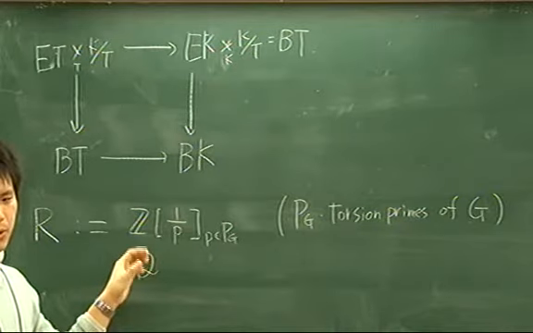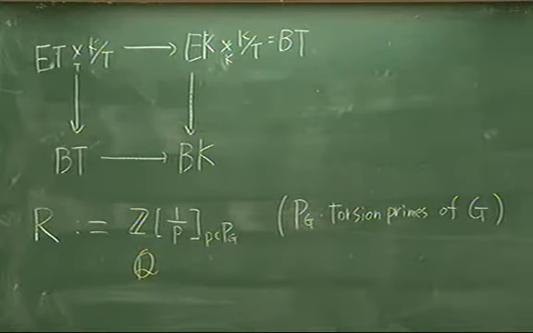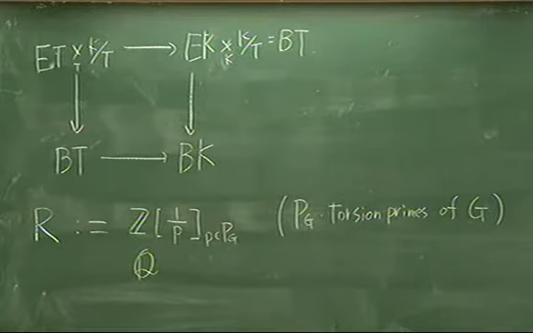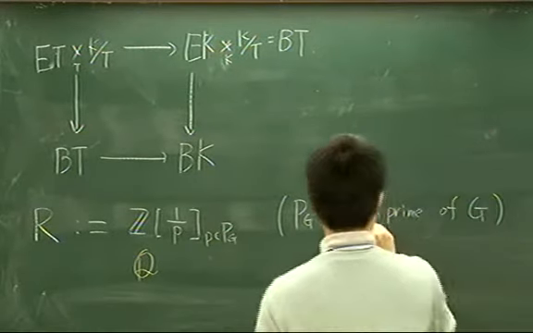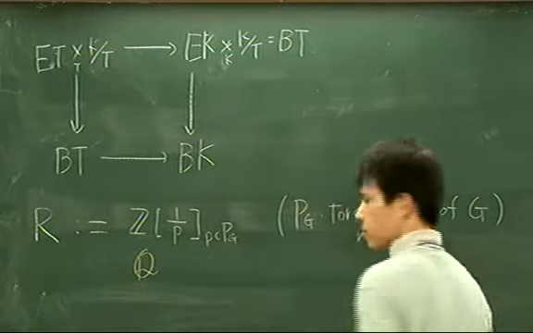You mean if you have 2-torsion in the homology of G? So the collection of all primes. Yes, I see. So these are prime numbers. Torsion prime numbers.